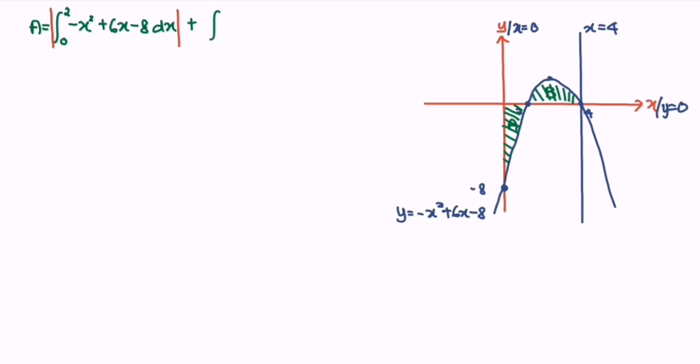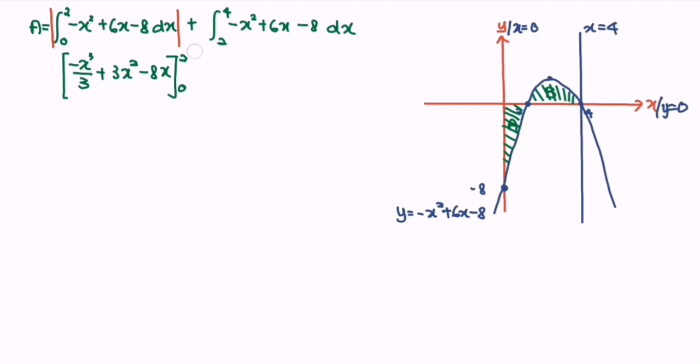So integrate the situation negative x squared plus 6x minus 8 with respect to x for the limit 2 until 4. So kindly integrate the situation and find the area. So now we will have negative x to the power of 3 over 3 plus 3x squared minus 8x for the limit 2, 0.